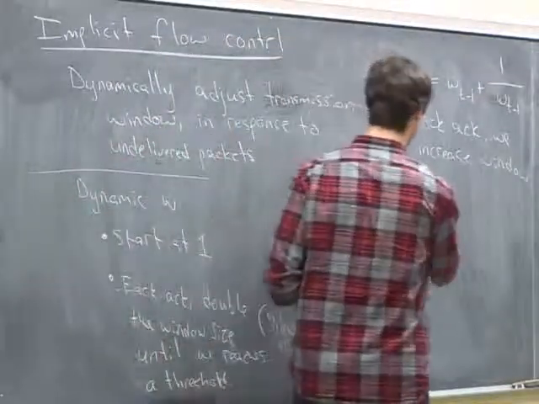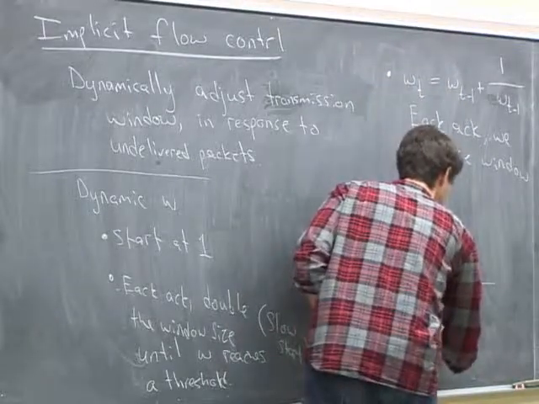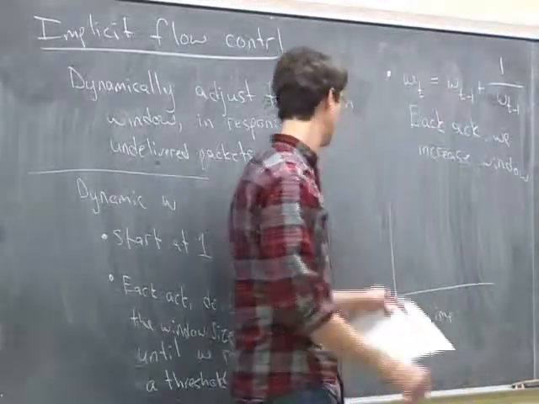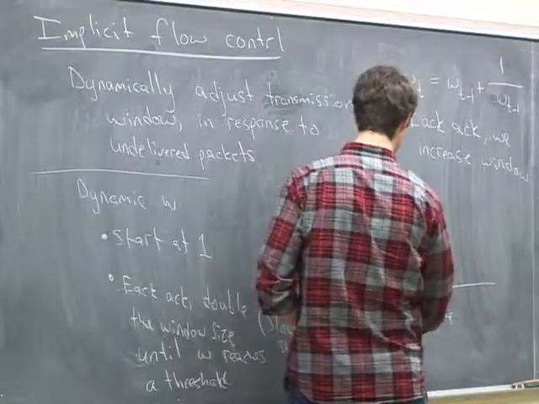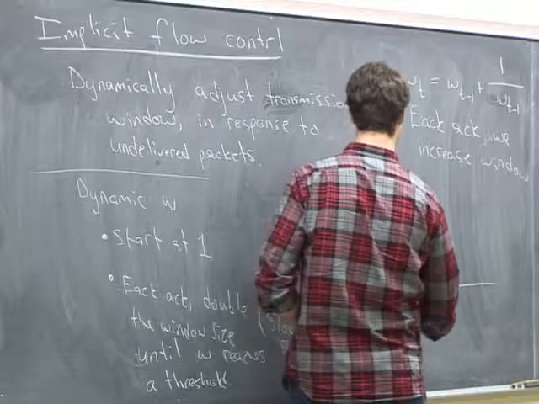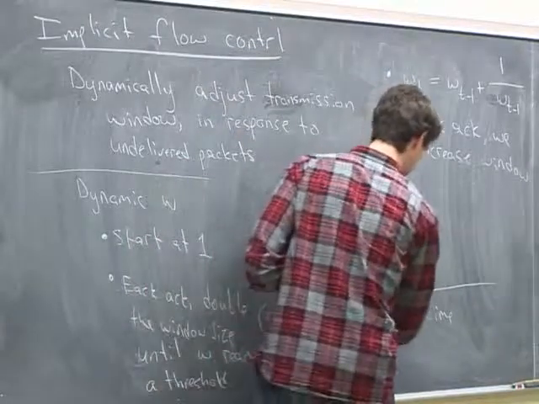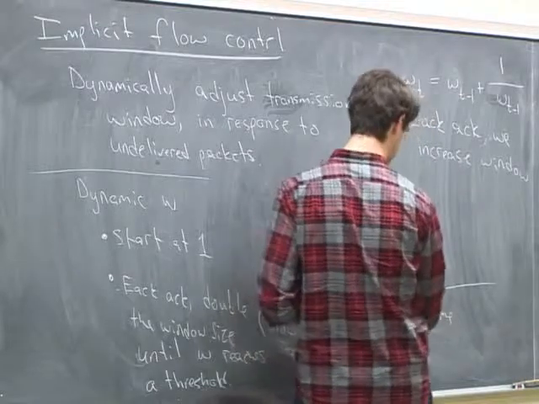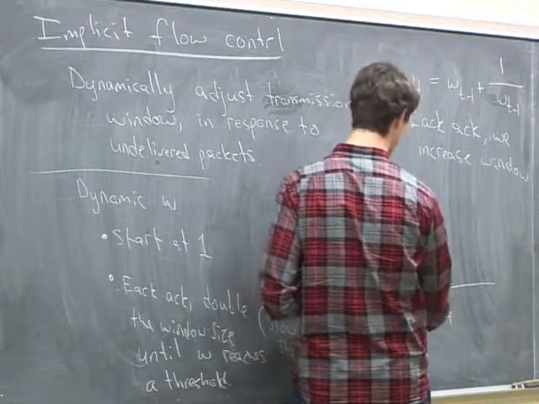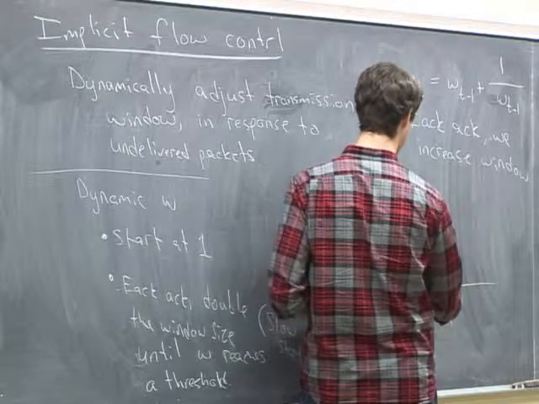So what this looks like when we're transmitting data is, across the bottom I have time, and the y-axis is our window size. All right, so we start out at 1. We start out sending at a very low rate, but we double that each time.